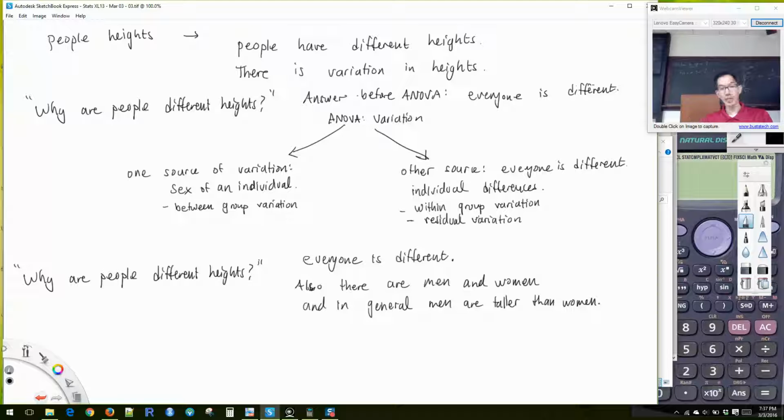We have already done something similar to this when we talked about t-tests. When we do t-tests, we're not breaking apart the variation, but we come to the conclusion that group 1 has a different mean than group 2. But one thing that ANOVA allows us to do is handle more than two groups at a time.